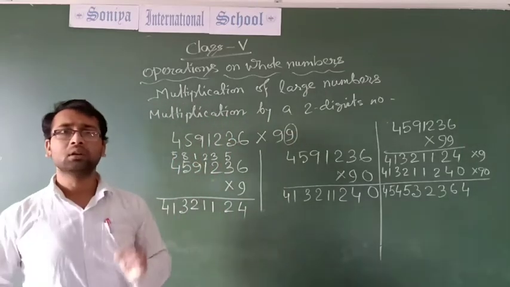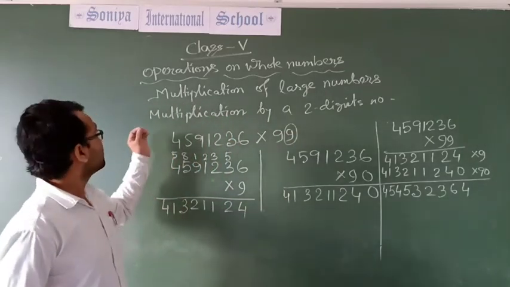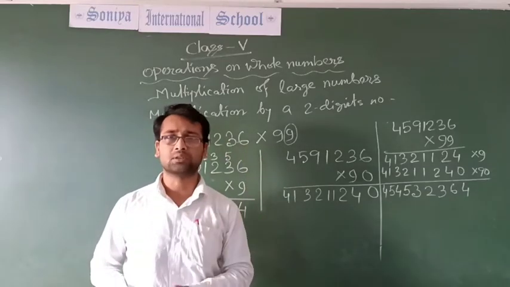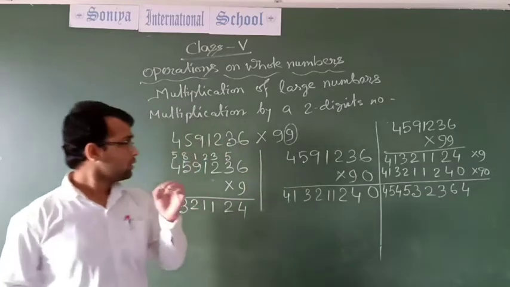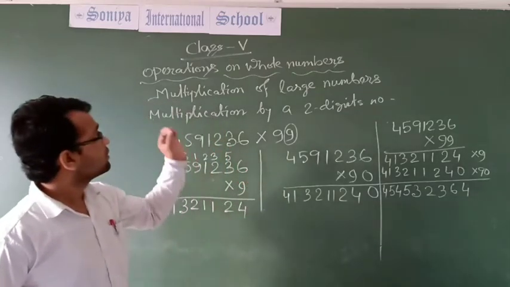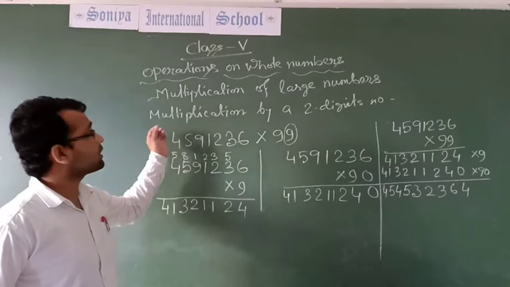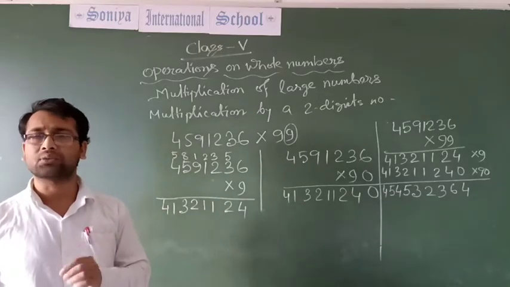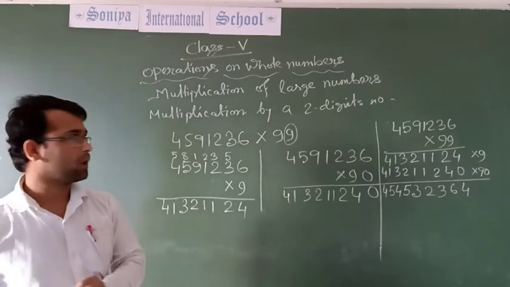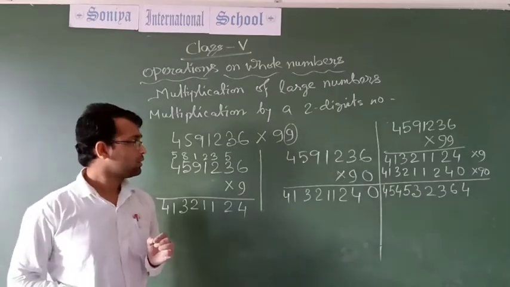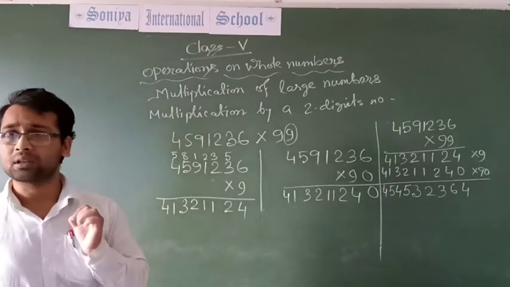I hope you understood. So you should try multiplication by a 3 digits number. If any doubt or any problem, write in the comment section.